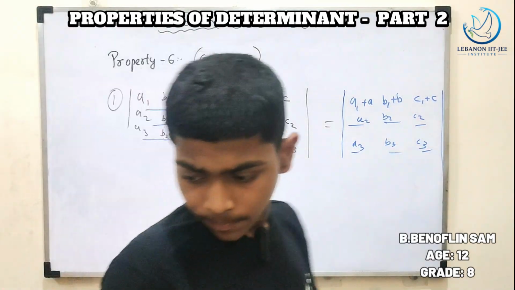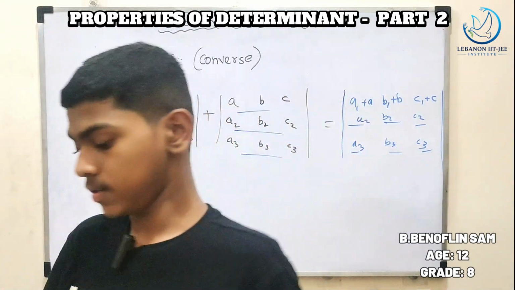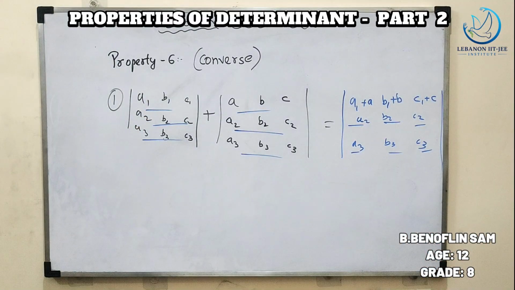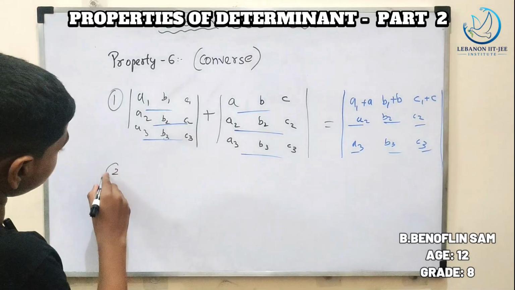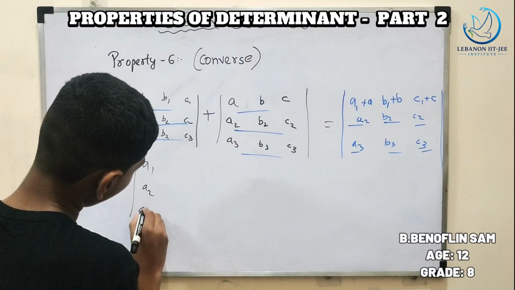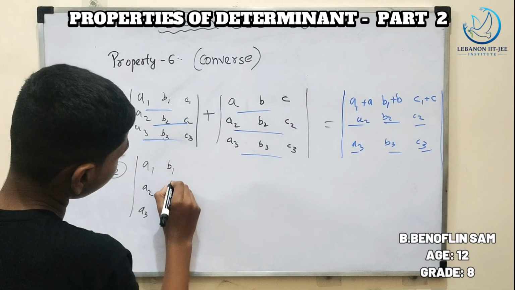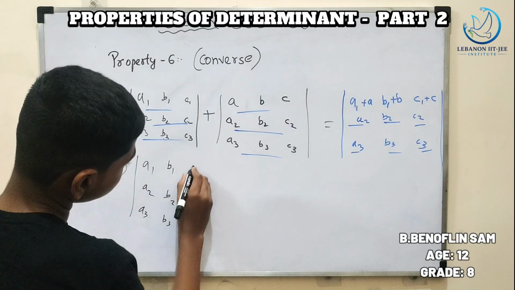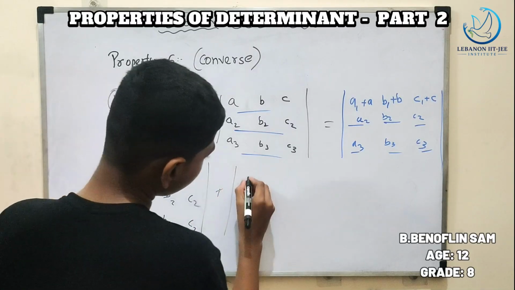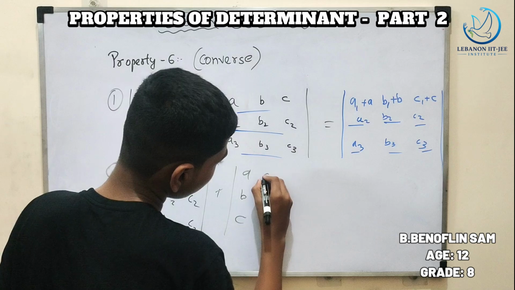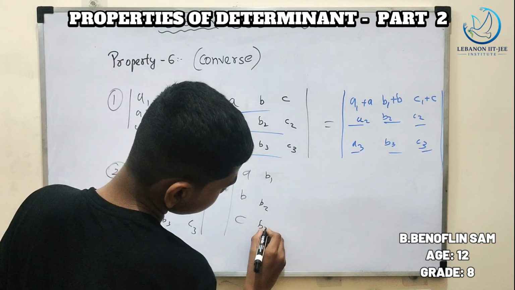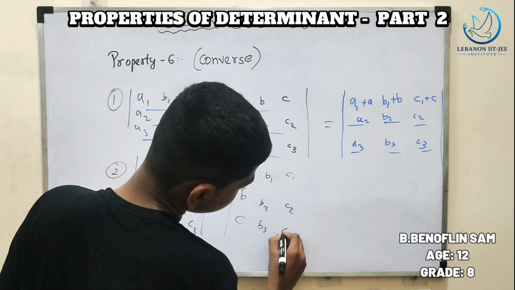I also forgot one thing: it works for a column too. You can write a1, a2, a3, b1, b2, b3, c1, c2, c3 plus, if they give this also, a, b, c in the first column with b1, b2, b3, c1, c2, c3.